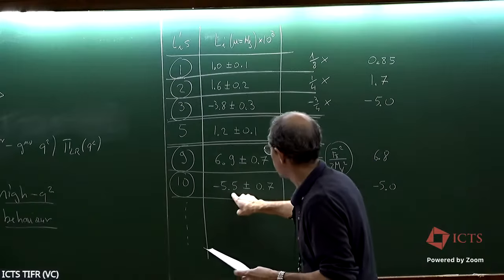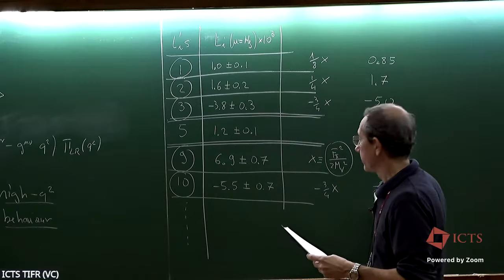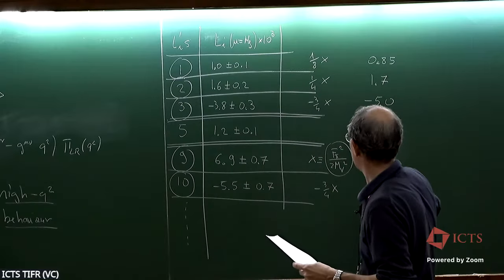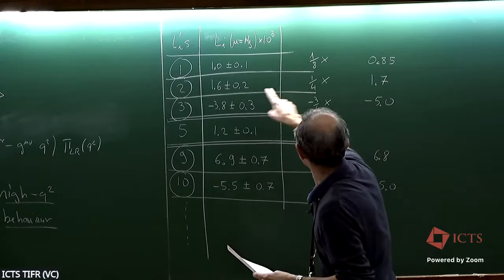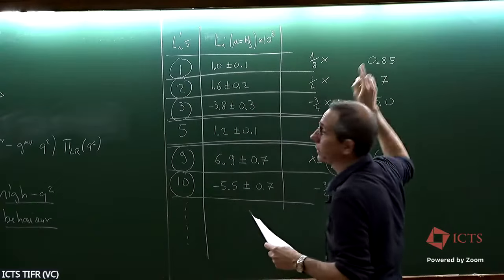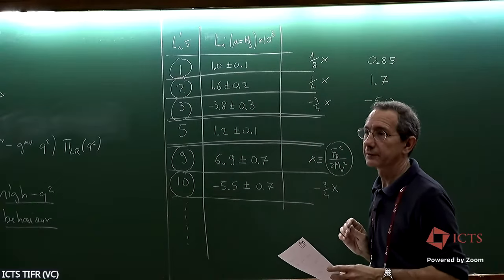You see, minus 5.5, this is minus 5. This is perfect. This is, okay, the only one where there is this is 1.6, 1.7, 1.0, 0.85. Really fantastic.